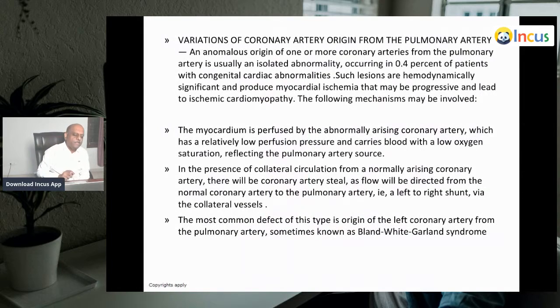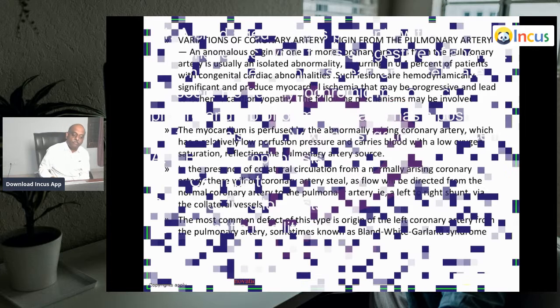Normally coronary artery arises from aorta. But it may originate anomalously from pulmonary artery. So in that case, there can be a coronary insufficiency leading to MI is what I want to underscore to all of you.